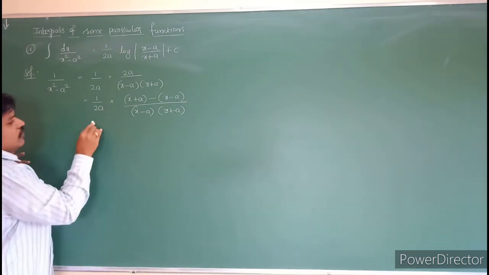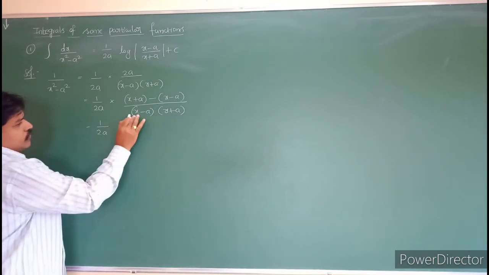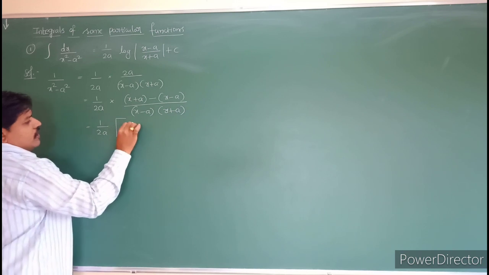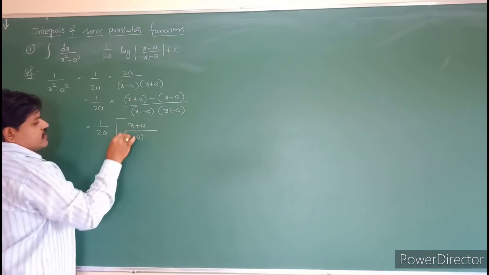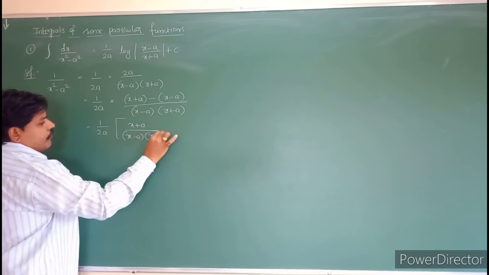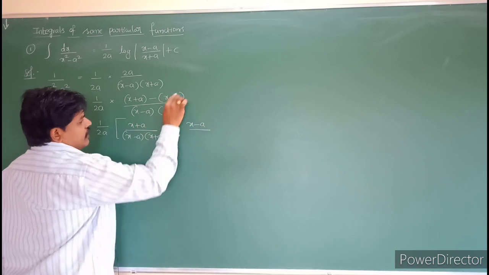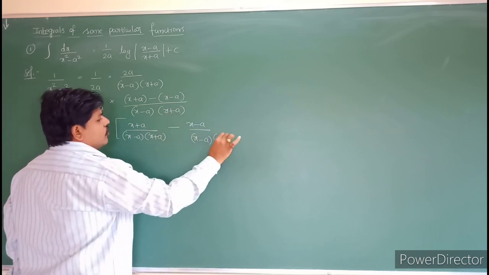So here next what I will do, 1 by 2a into this value, if you can separate that, x plus a by x minus a into x plus a minus x minus a by x minus a into x plus a.